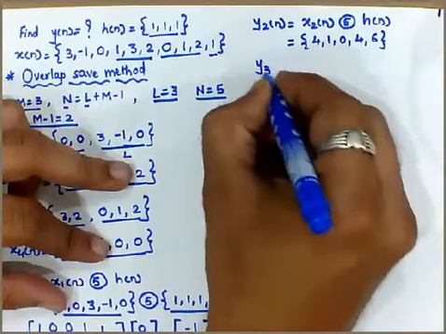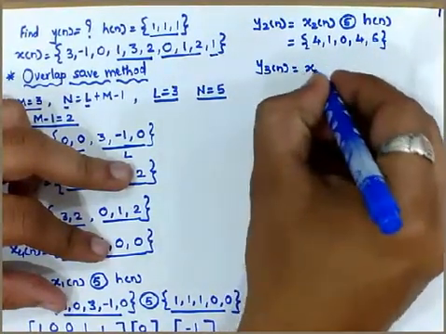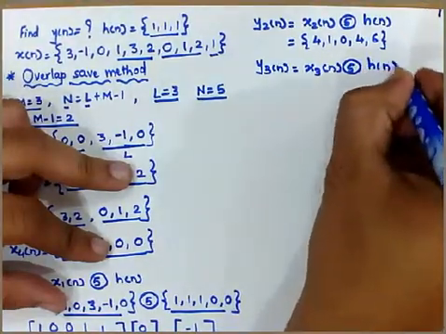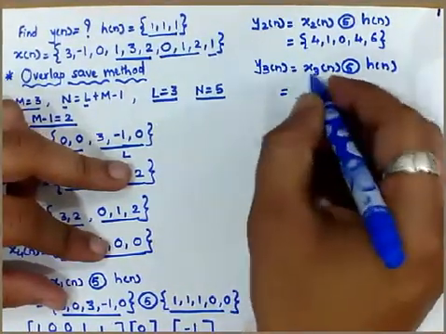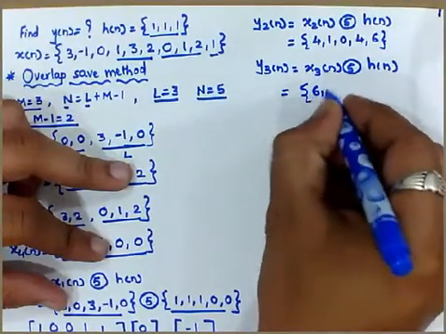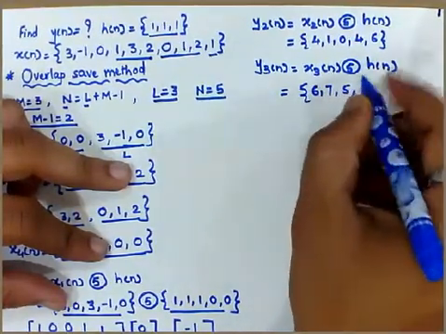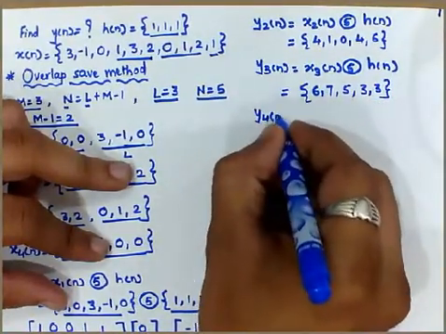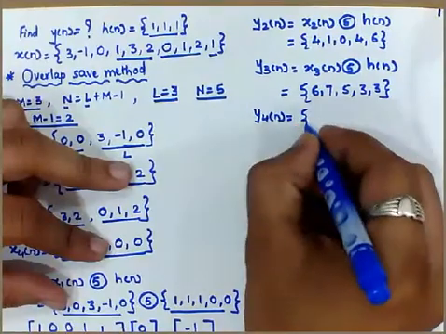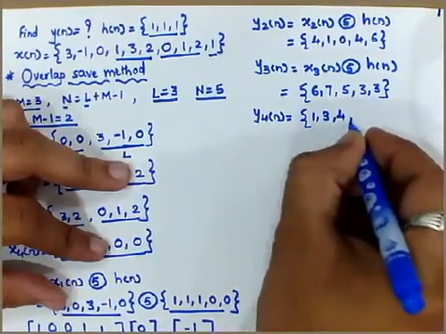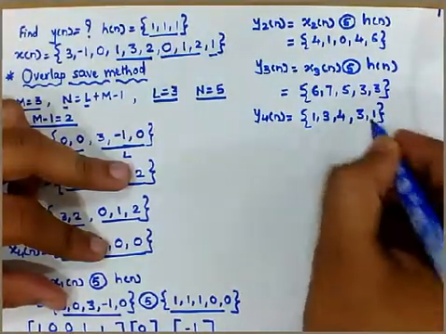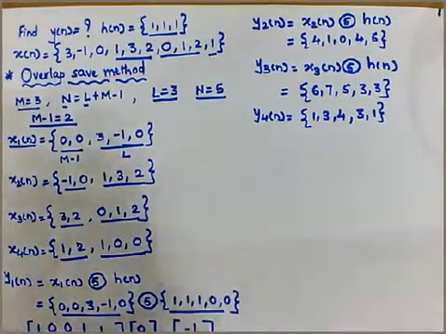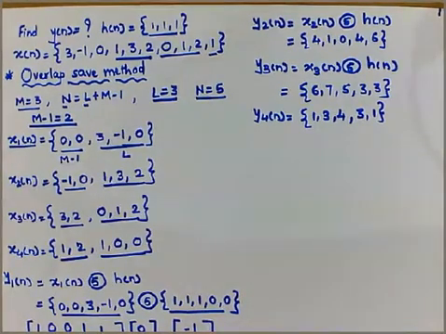Similarly, y3 of n is nothing but x3 of n circularly convolved with h of n, and it is the value 6 7 5 3 3. And lastly y4 of n is 1 3 4 3 and 1. So this is how all the values y1, y2, y3 and y4 are calculated.